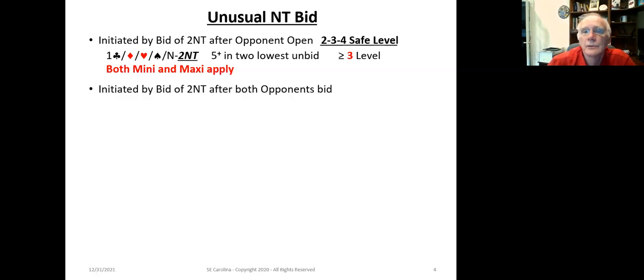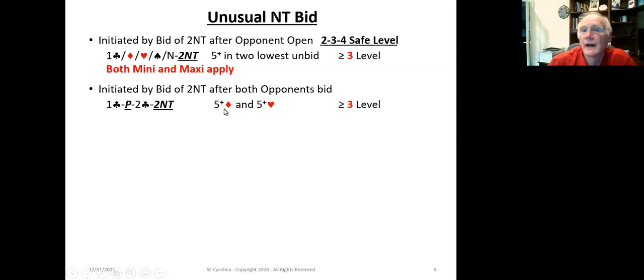Now unusual no-trump can also be used after both opponents bid. For example, in this first example, the first opponent bids 1 club, your partner passes, and the responder raises to 2 clubs. You can bid 2 no-trump, initiating unusual no-trump.